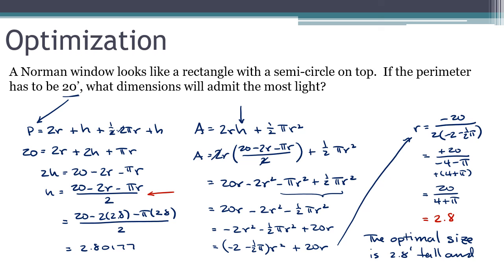And here's what I say, that really is a coincidence. The numbers are not exactly 2.8 for each one. If I want to tell him the width, remember, it turns out we do need the diagram. Our diagram looked like this, and this was 2r down here. So I would say 2.8 feet tall and 5.6 feet wide.